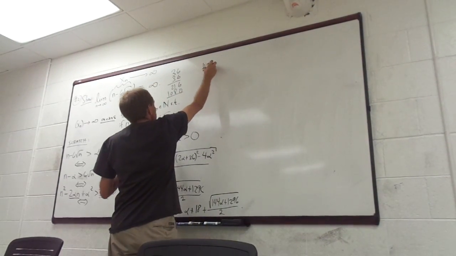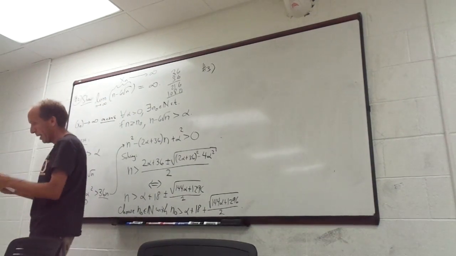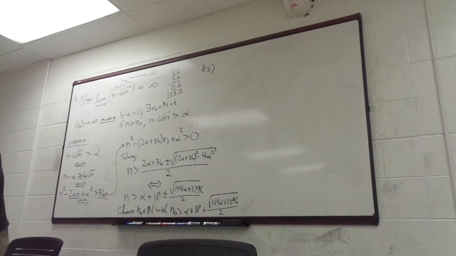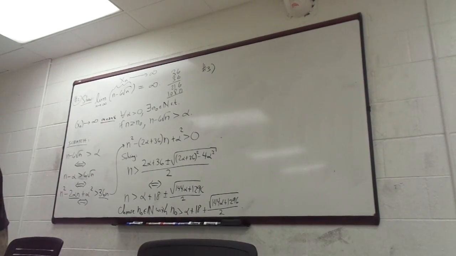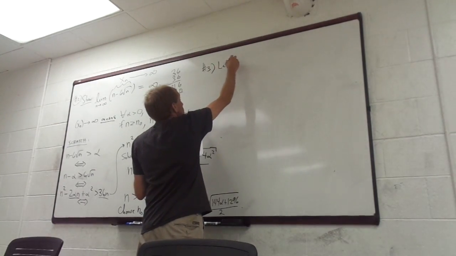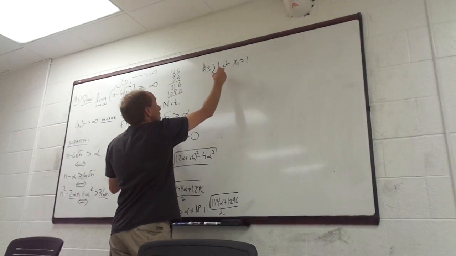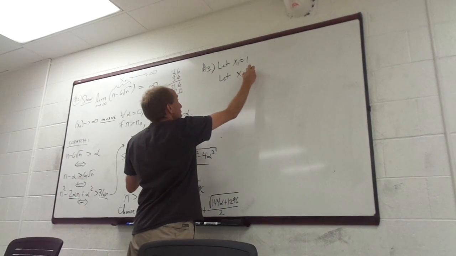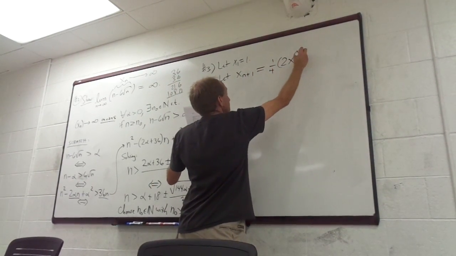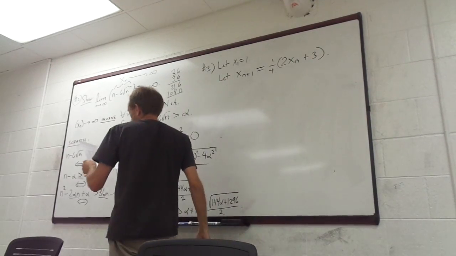Number 3 here. This is the last one about sequences, I see. Okay, so on this one, let x1 equal 1, and then let xn plus 1 equal 1/4 of 2xn plus 3.